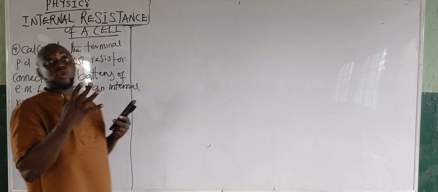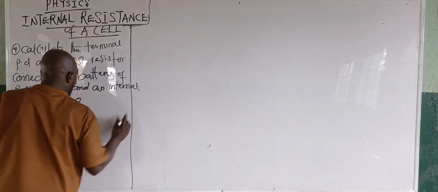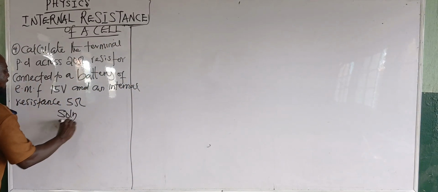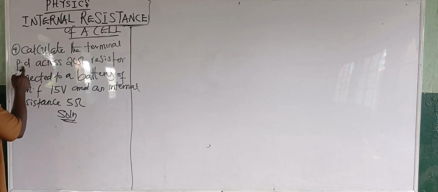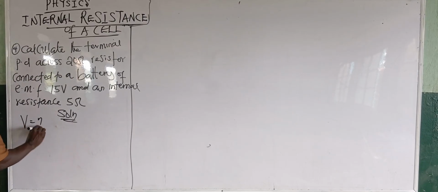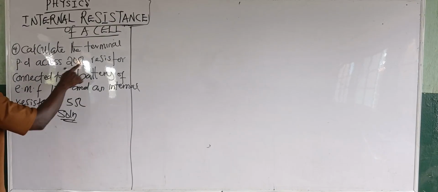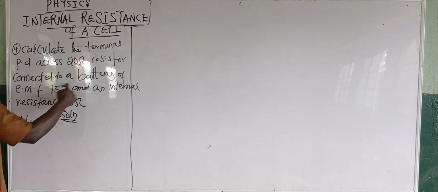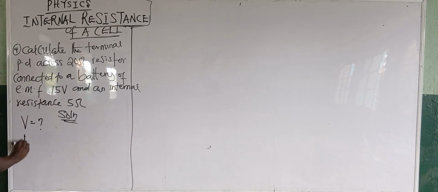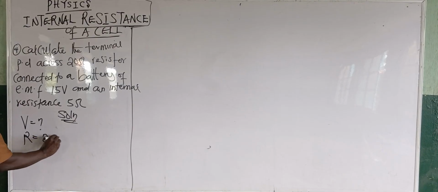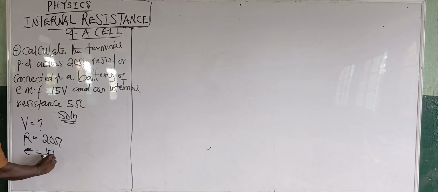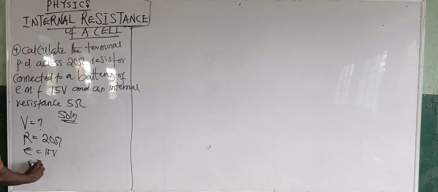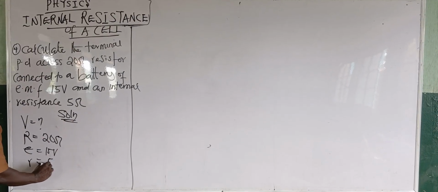First off, what we do here is to list out the given parameters. First, we're asked to calculate the potential difference. So we want to find V. Potential difference means your V is given to a resistor. It's connected to this, and then the resistor has been given, big R has been given. Next up, it's connected to an EMF of 15 volts, and then an internal resistance of 5 ohms.